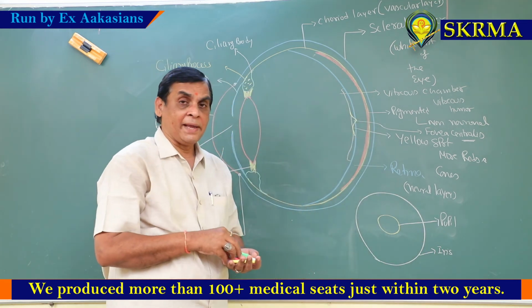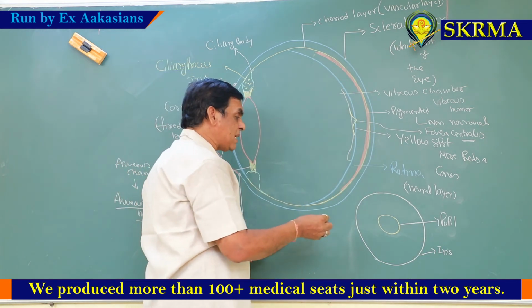Now, this iris is provided with 2 types of muscles.